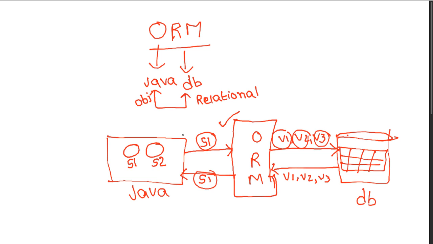What is the ORM tool doing? Whatever string you give in Java, it converts into the varchar of the database. So all these things you need not do; automatically it will be done by Hibernate. An ORM tool does the conversion techniques and the saving techniques. All the ORM tools work like this.